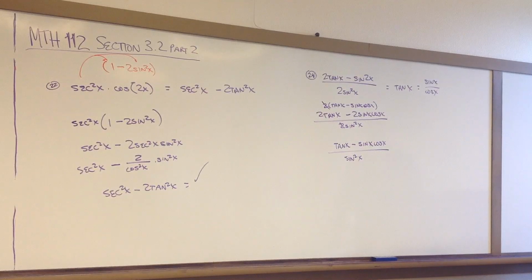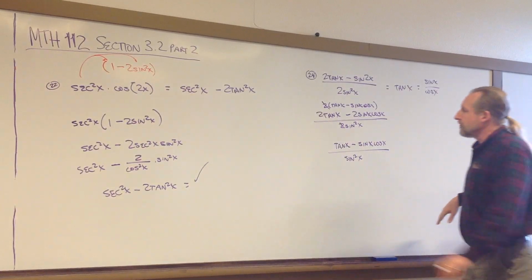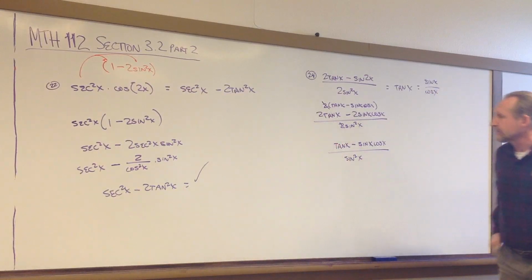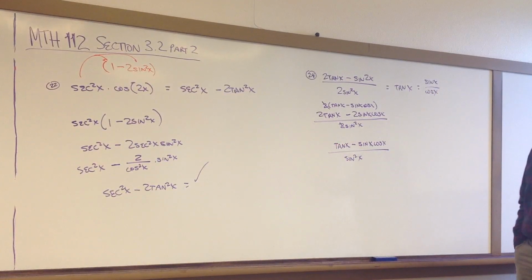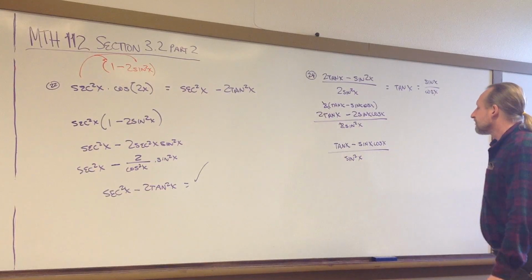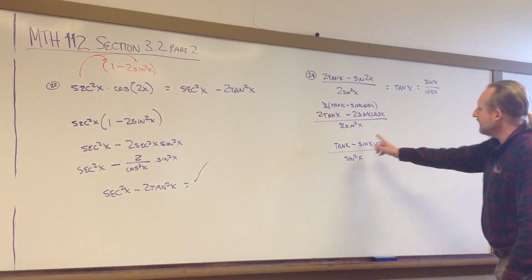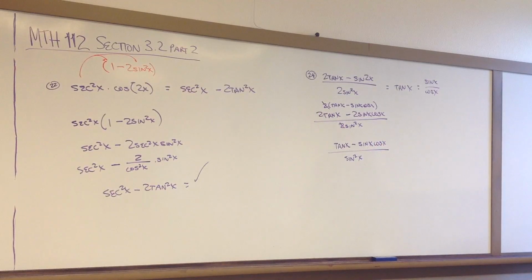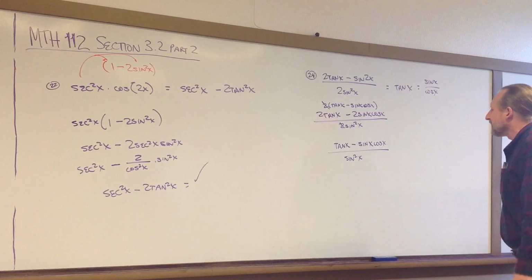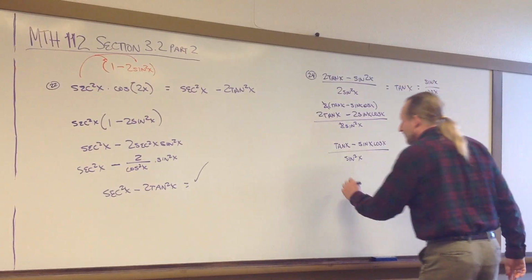Well, let's see. In this one, I would split this fraction rather than write the tangent in terms of sines and cosines. I think I'm going to end up doing that anyway. But I just see some canceling here that would be helpful. I'm not sure how this is going to work out, but that's what I'm going to do.